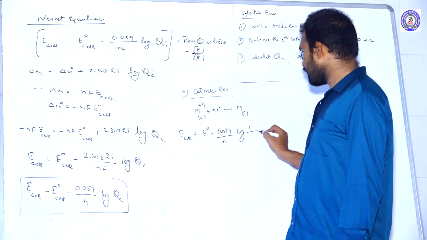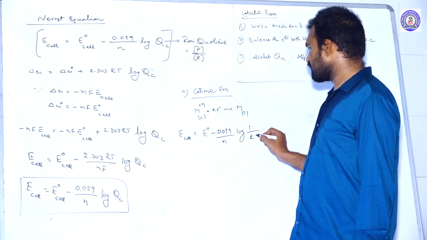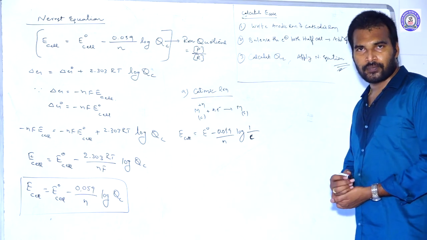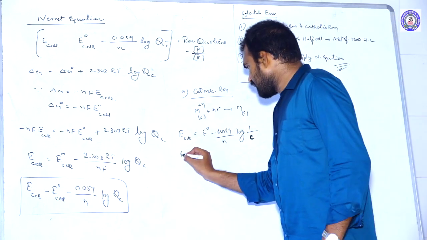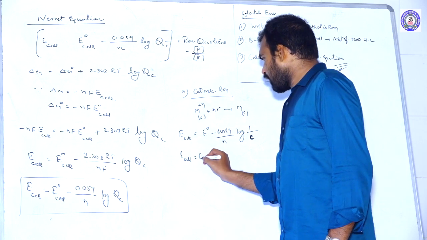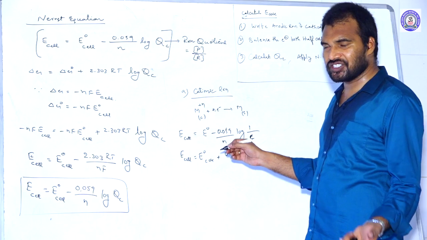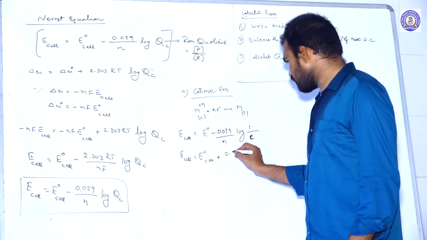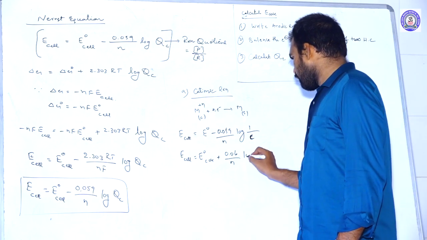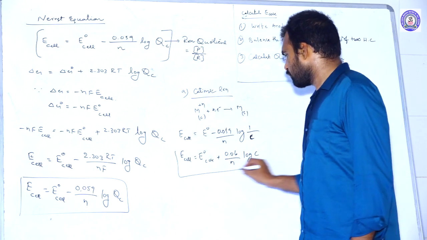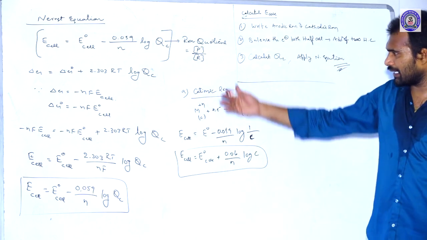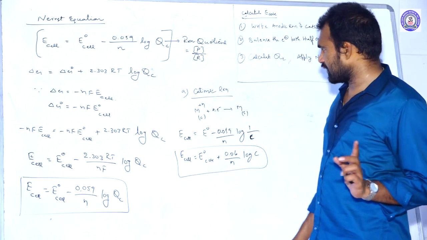So it is 1 by the concentration of metal ions, 1 by C. If you reverse, then E cell is equal to E naught of cell plus 0.059, you can write it as 0.06, no problem, 0.06 by N log C. So by using this formula, you can calculate the cationic EMF of the cell.